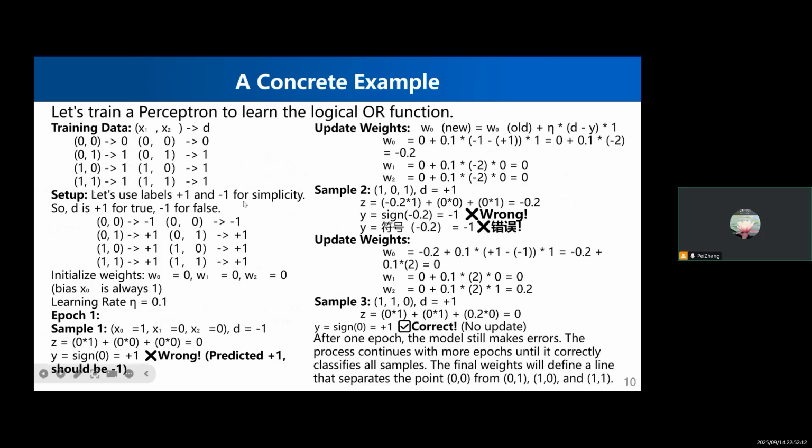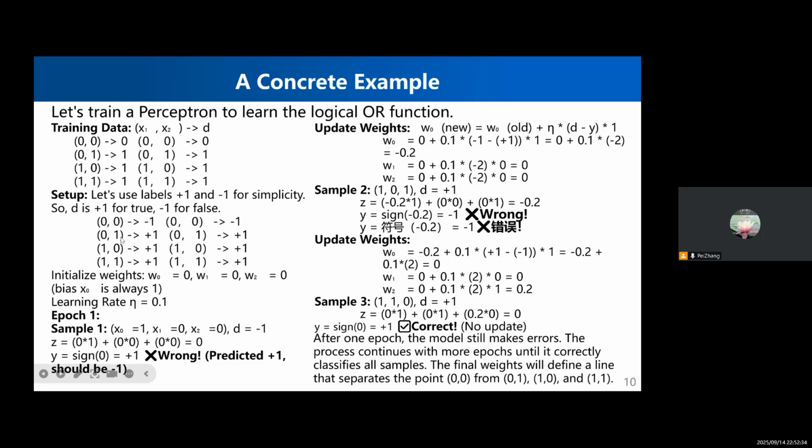Let's label using +1 to represent true and -1 to represent false. So when x1 is 0 and x2 is 0, that should be false.